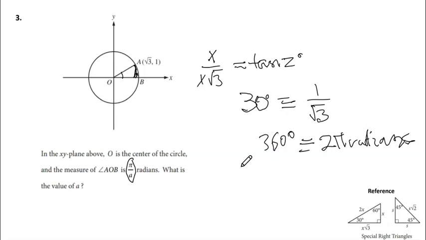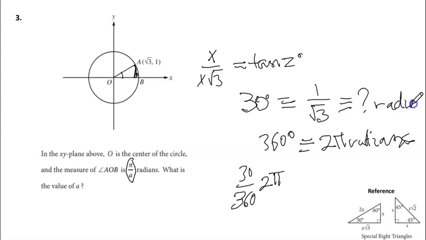So it's going to be basically 30 over 360 times 2 pi. This is just a ratio. So let me put this here: question mark radians. That's what we're trying to find.